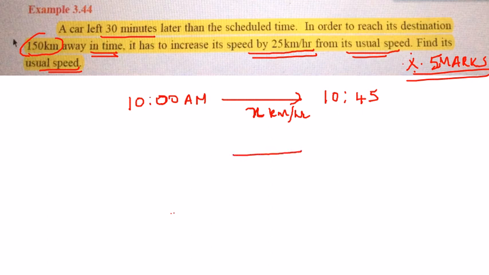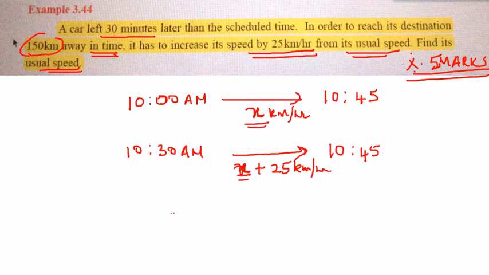Now on this particular day he's starting 30 minutes later, only at 10:30 a.m., but he still wants to reach at 10:45. So he had to increase the speed by 25 kilometers per hour. This is just an example. So this is what this sum means, and you have to find his usual speed.